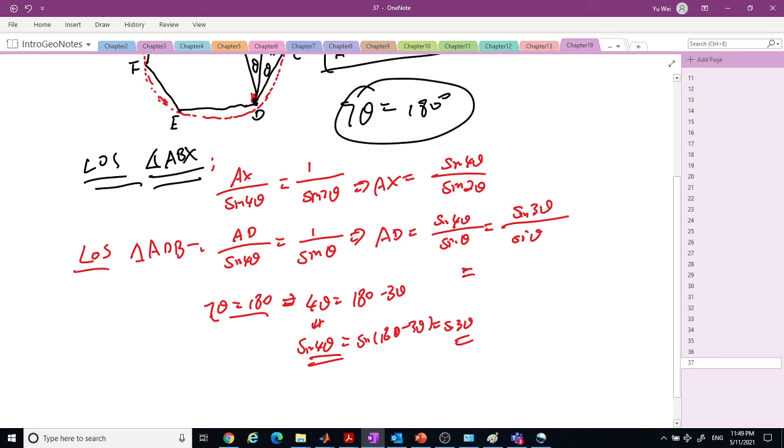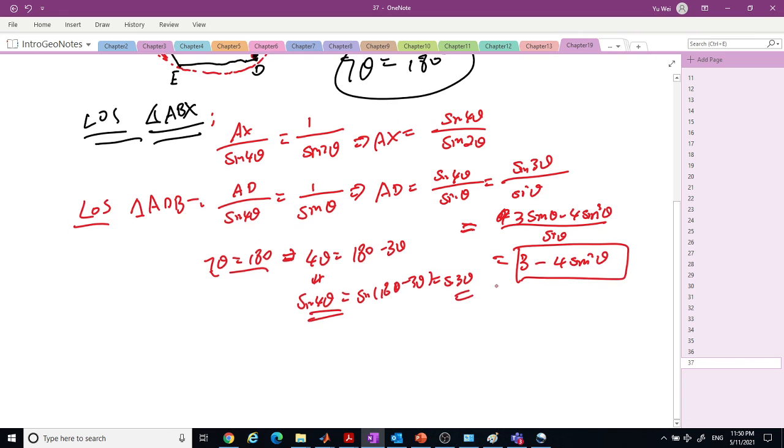Then we can use the triple angle trigonometry, right? It's 3 sine theta minus 4 sine cube theta over the sine theta. So it's equal to 3 minus 4 sine square theta. Okay. So now we know the AD equals this, right? AD is equal to 3 minus 4 sine square theta.